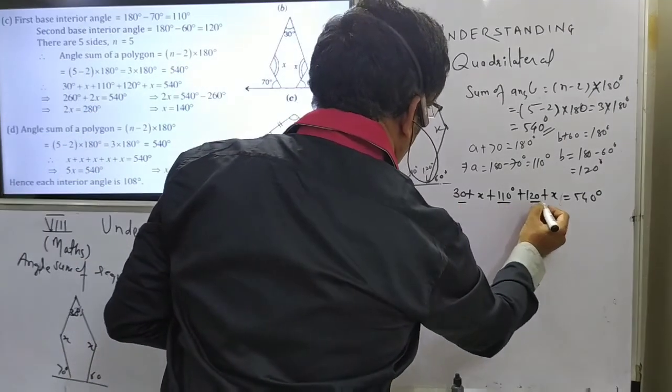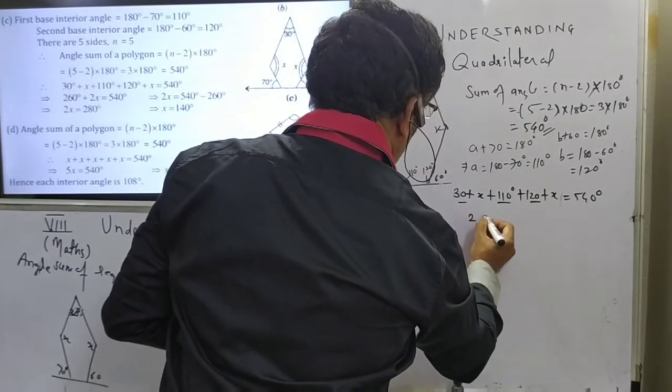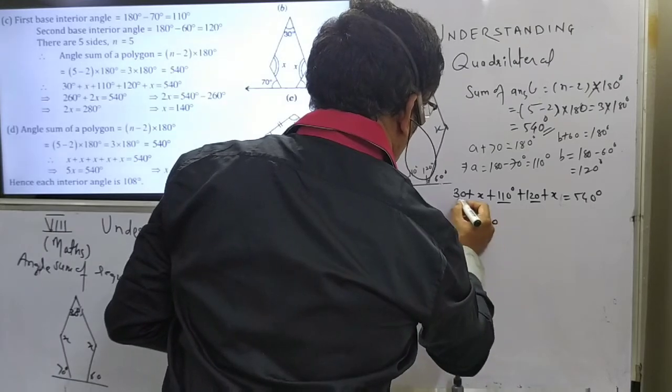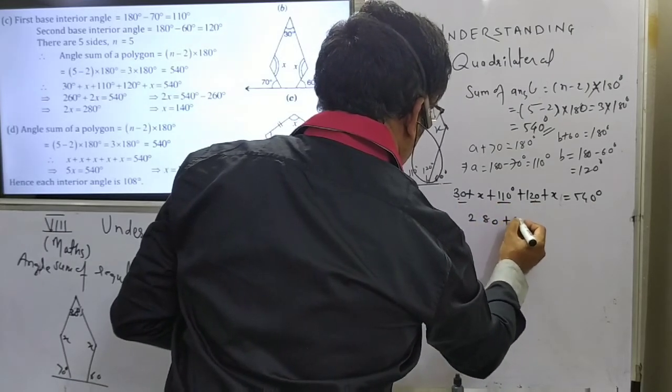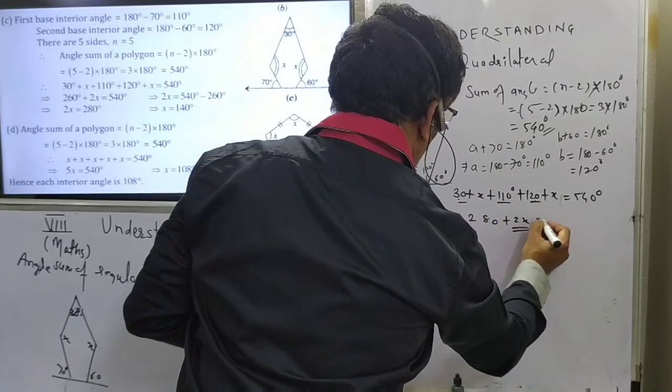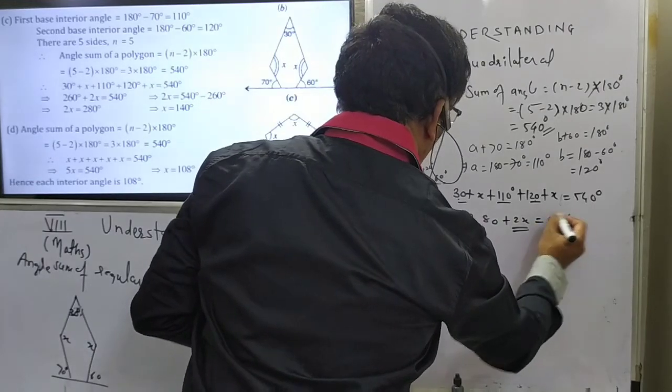Out of which the sum of these 1, 2 and 3 is equal to 280 degrees. So 280 plus 2x equal to 540 degrees.